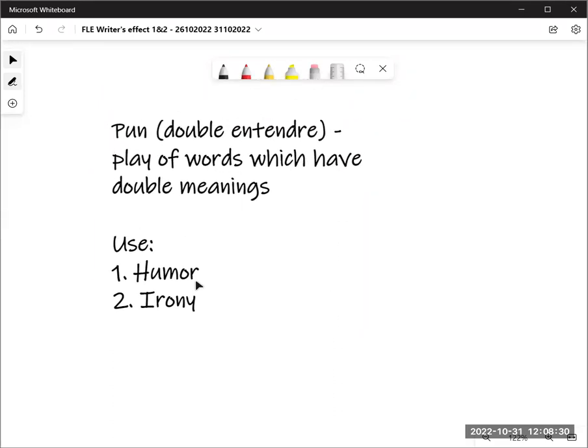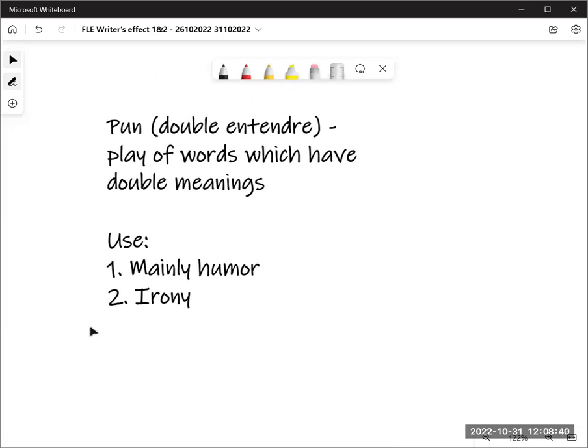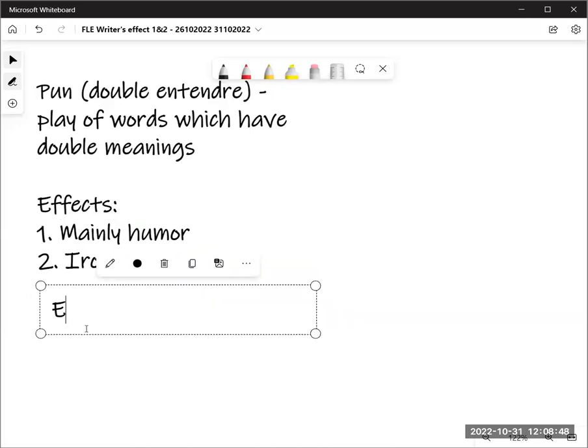That's it. So the main use is humor, mainly humor. And let's look at some examples. Let's start with the first one. Finish writing this quickly.